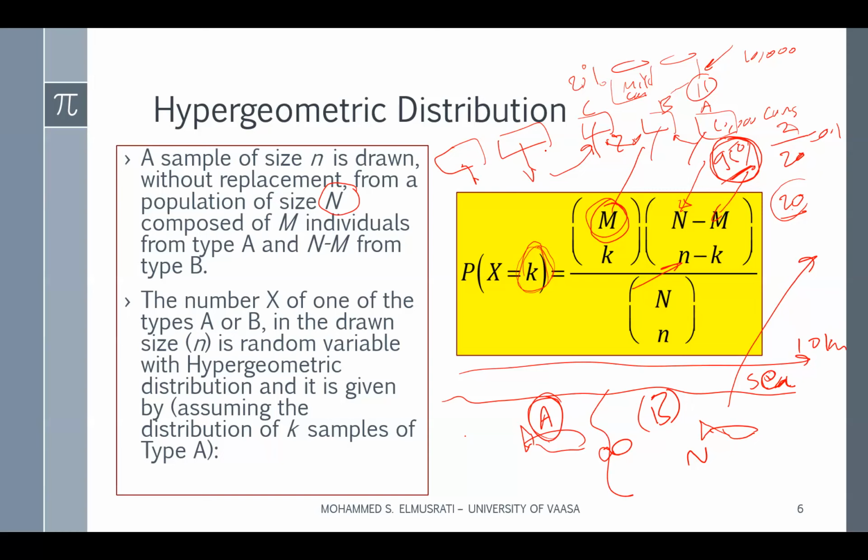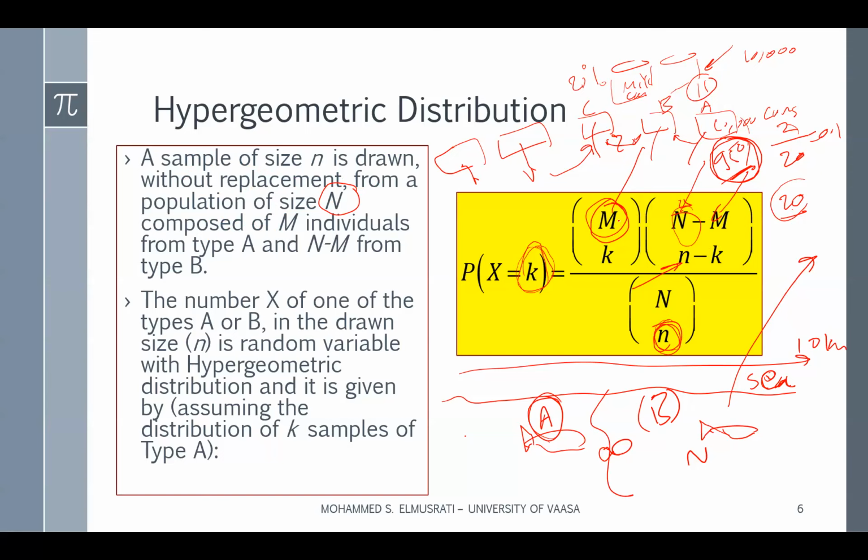Okay, so the idea here, as you can see, is that a sample of size n is drawn without replacement from a population of size N. So capital N is the total number, and here we have 10,000. Small n is the number that I am looking to find, composed of M individuals.